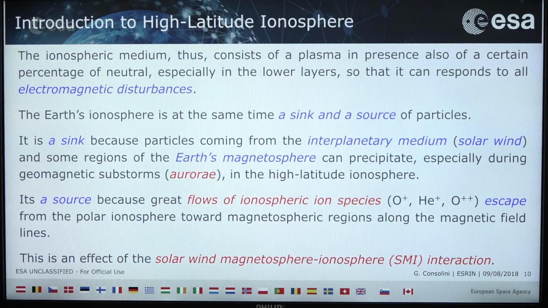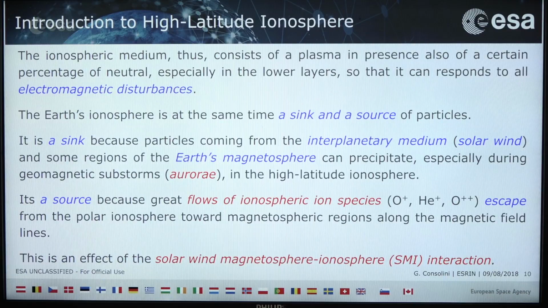At the same time, it has been clearly demonstrated in the past that it is also a source of oxygen and helium plus, which escape from the ionosphere during very intense geomagnetic substorms and storms, populating some current structures that flow in the Earth's magnetosphere.